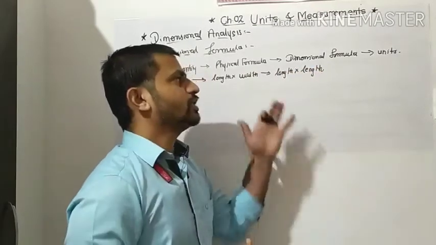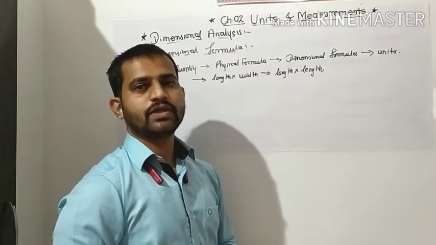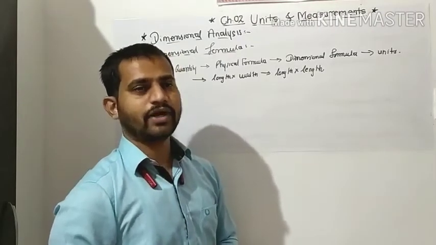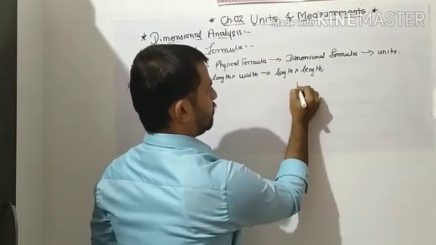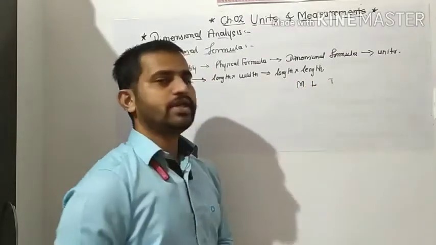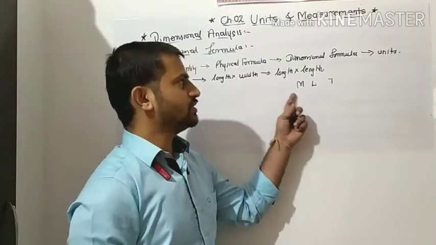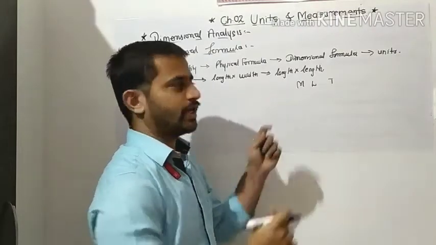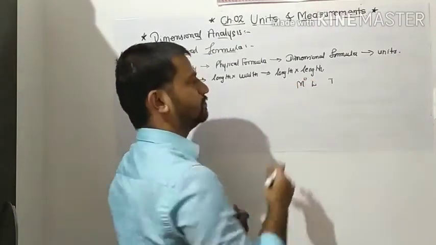To express in terms of mass, length and time, we have to write it as MLT. Now in this case, is there any mass? No. So we have to write here 0.